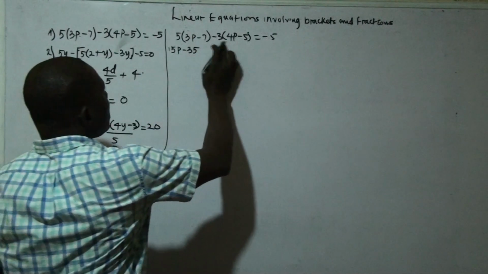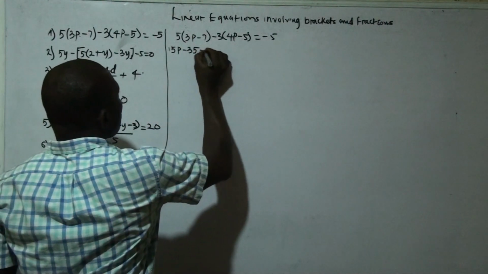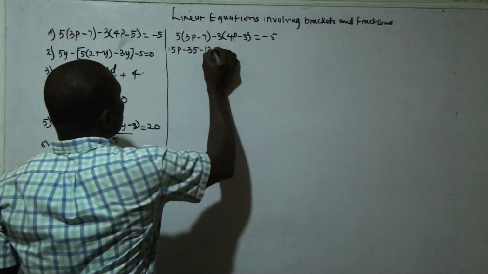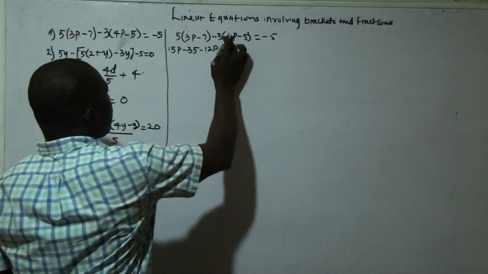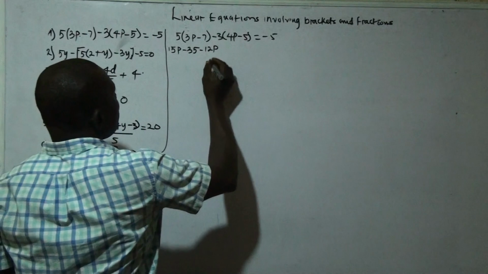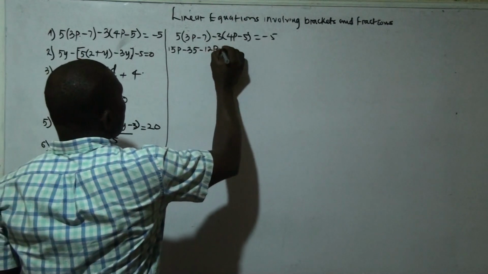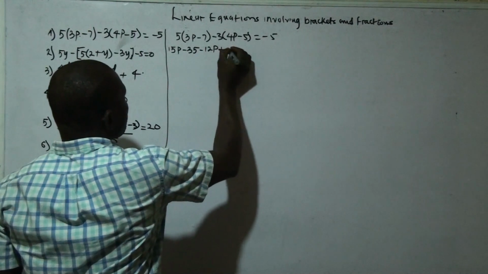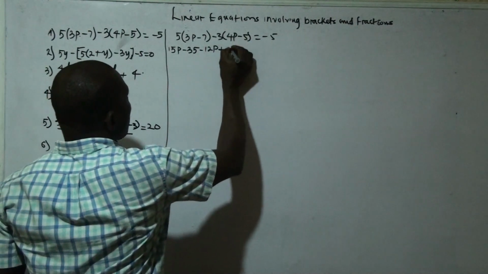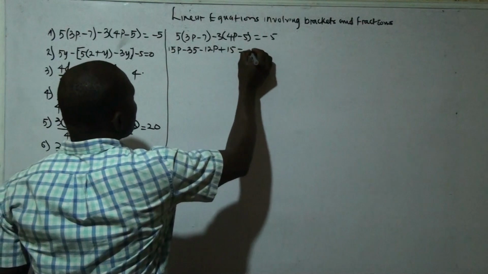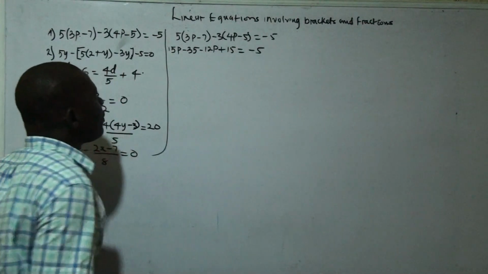So minus 3 times plus 4p gives us minus 12p. Minus 3 times 4 is 12. Then minus 3 times minus 5: minus times minus is plus. 3 times 5 gives us 15, is equal to minus 5.